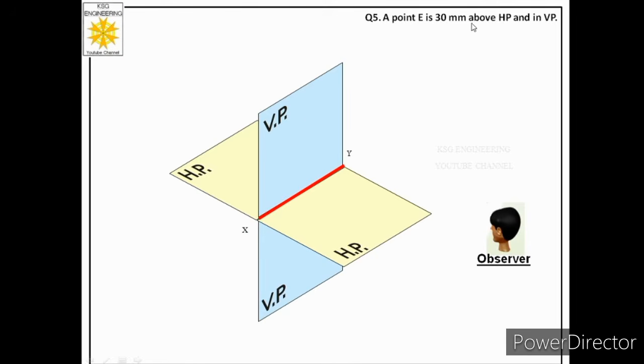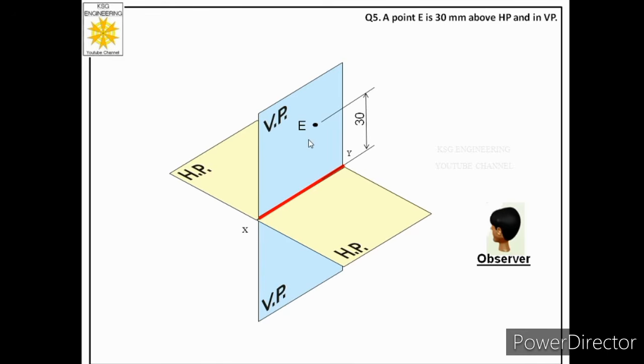He is saying 30 above HP, that means he is talking about that half of VP which is above HP. So point E is in this part of VP. So this is point capital E and it is in VP and it is 30 above HP.